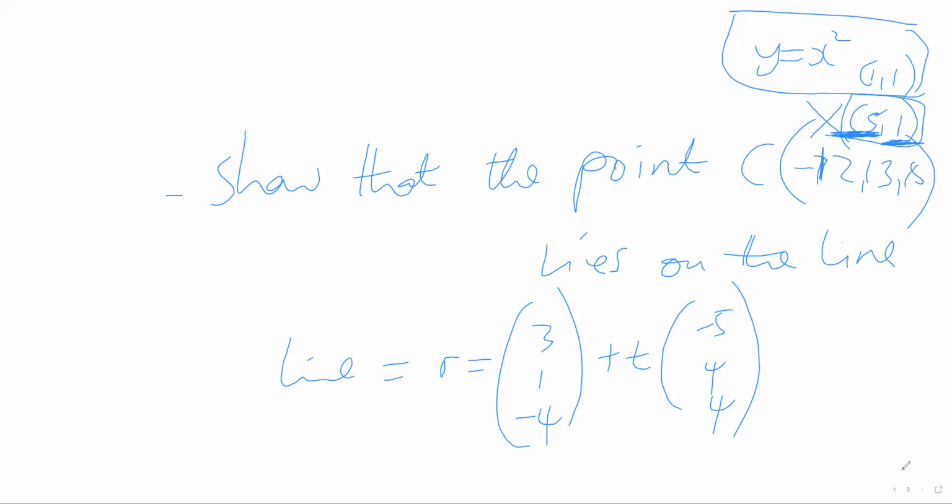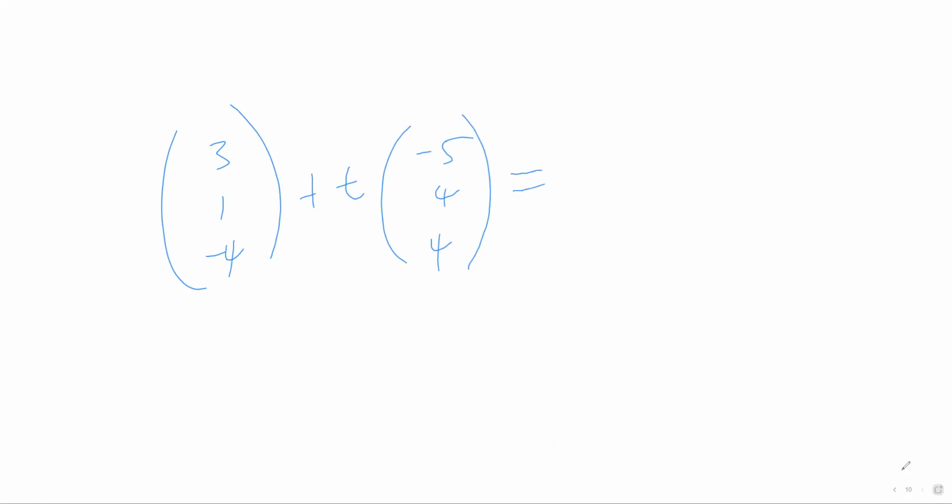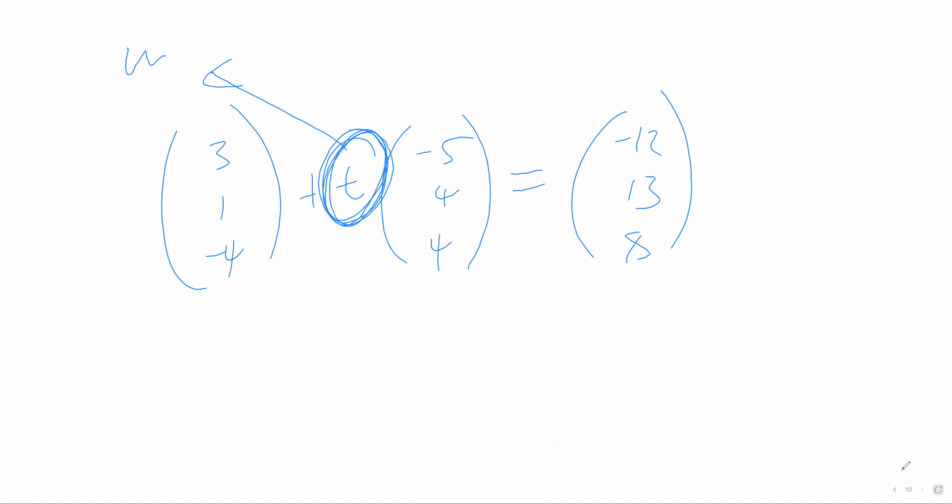So the idea is that if this point lies on the line, that is to say that (3, 1, -4) plus t(-5, 4, 4) equals point C, which is (-12, 13, 8), then there's some unique t which gives you this.